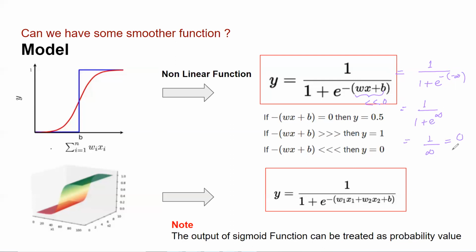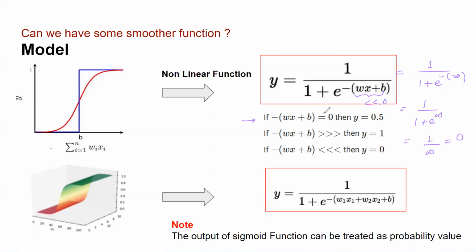One question, Ashutosh. For the case where y is equal to 0.5, it is happening when x is 0. Then what is happening to b? It will be 1 plus 1 by e to the power of minus b, right? So your question is, when my y is equal to 0.5, what would be the value of b?